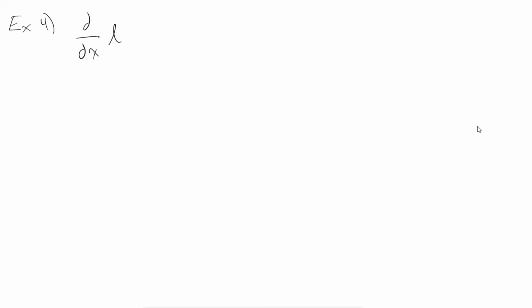So we want to find the derivative with respect to x of ln of x over root x plus 1. This one's a little more complex, but we're going to follow the same rule. And just to make it a little easier, say let u equal x over root x plus 1.